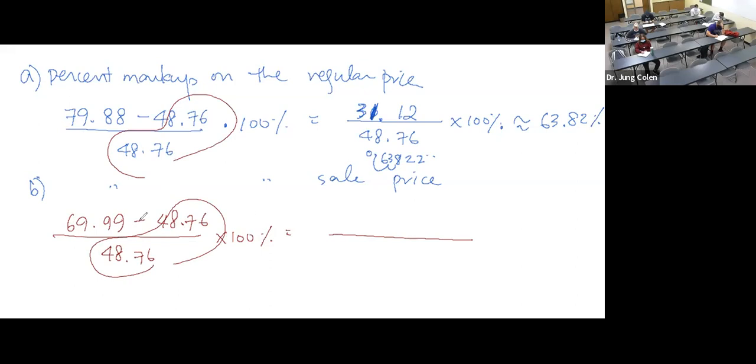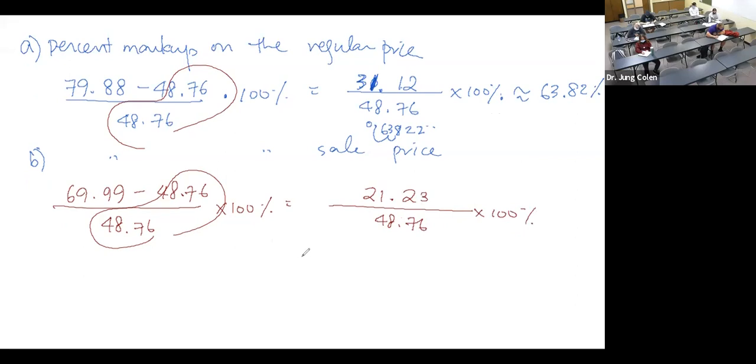So what do we get here? 69.99 minus 48.76. Anybody? 21.23. 48.76 times 100. So what is this fraction? 21.23 over 48.76.